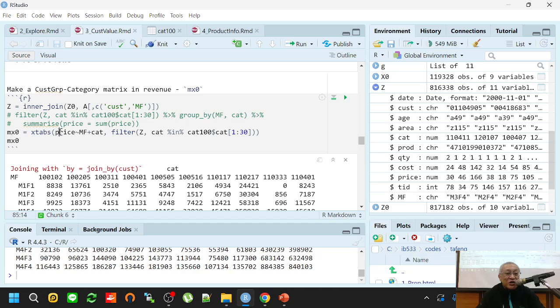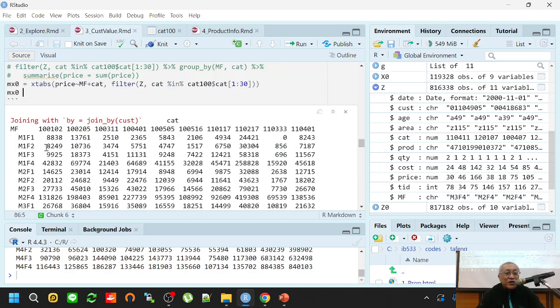So with this summation, I generate a matrix where this is the customer group, and this is the category, and this is the revenue that the group M1F1 spent on category 100505.